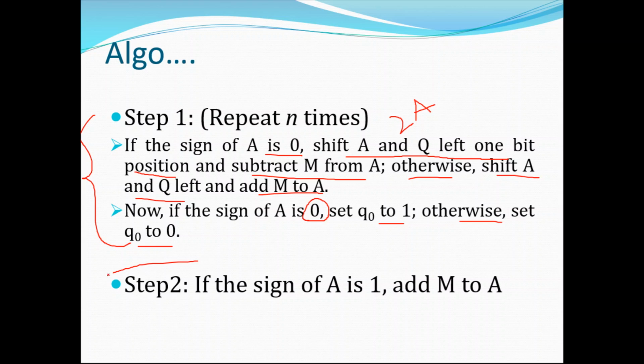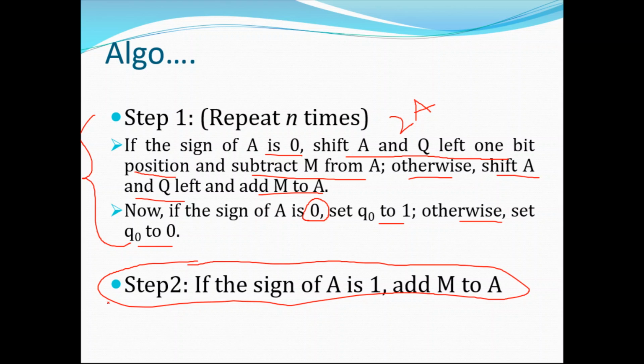But at last, you have to perform one more step in the second algorithm. This will not be done repeatedly. Only step 1 will be done repeatedly, for n times. After completing all the n rounds, you check what is in a. So a will be holding the remainder and q will be holding the quotient.